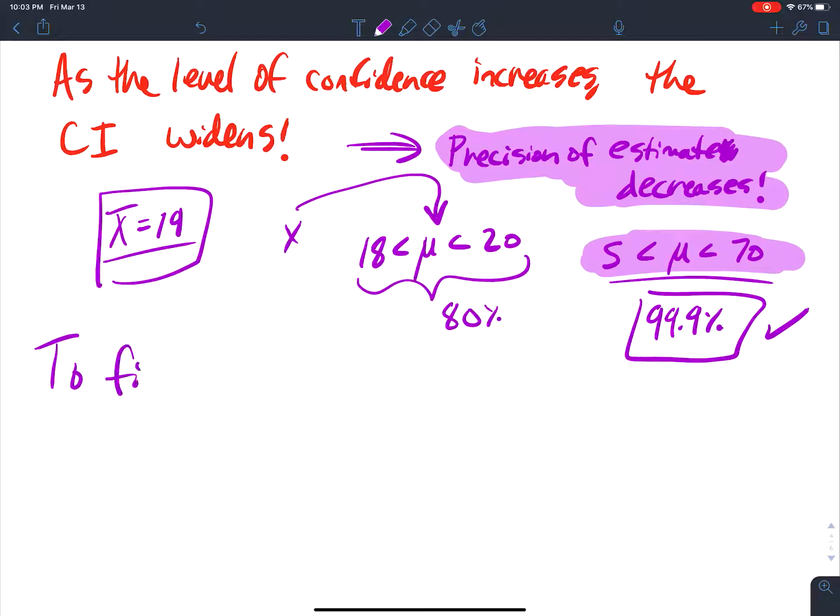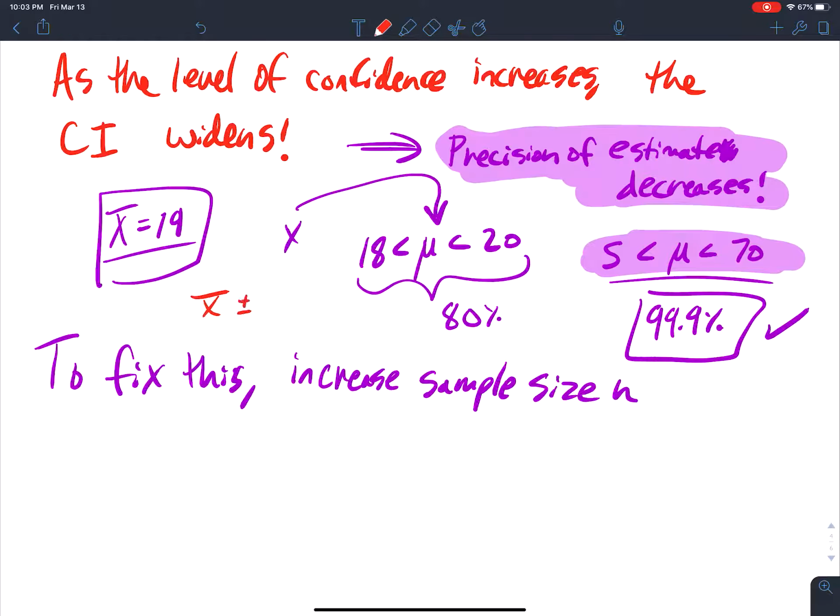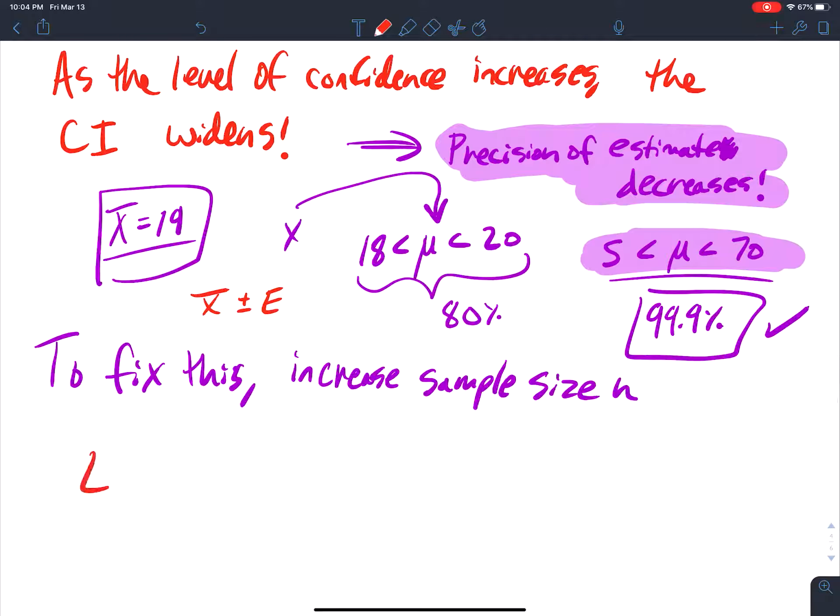To fix this problem, we only need to increase the sample size. Okay? Increase the sample size. What do I mean by this? Think about it. The margin of error, how far we are away from the actual mean, potentially, is equal to the critical value z-score, Zc, sigma divided by the square root of n.